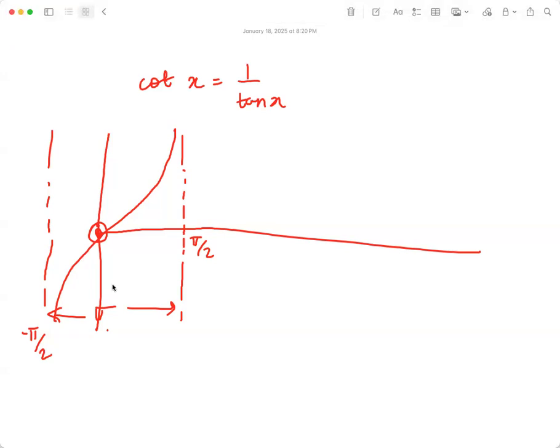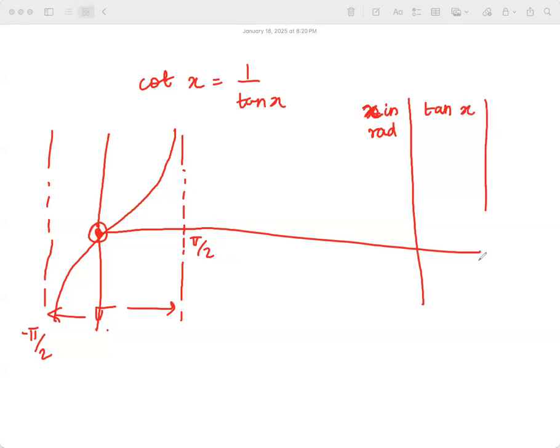The period is anyway going to be, what will be the period of a cot graph, Bhuvanesh? What will be the period of a cot graph? Pi.